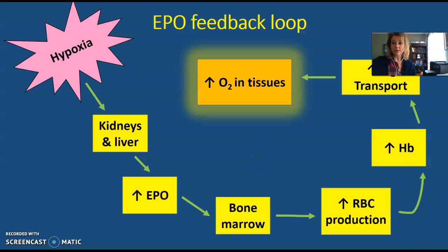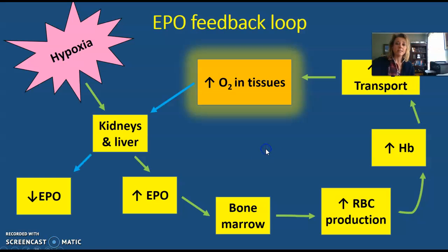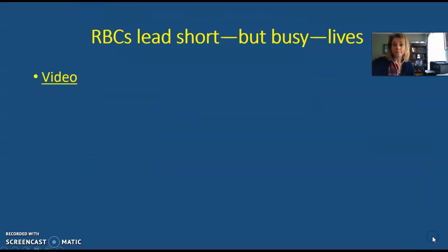But here's where the negative feedback portion of this loop comes in. When our oxygen levels rise, that's going to feed back to the kidneys and the liver, and then they are going to decrease the amount of erythropoietin that they are secreting, thereby slowing down all of the processes that you see here because we don't need it anymore. So our red blood cells are going to lead short and busy lives.